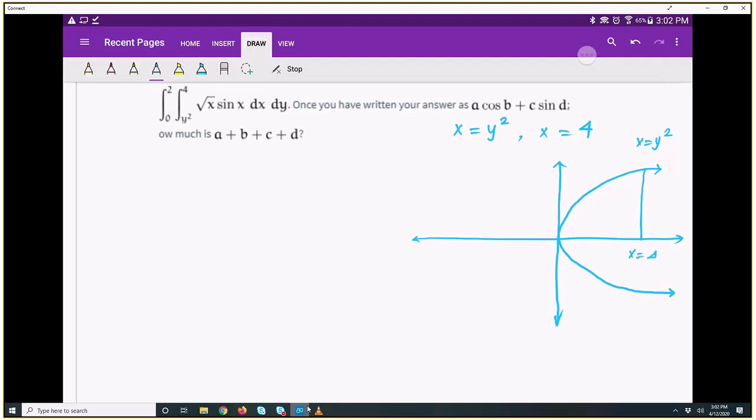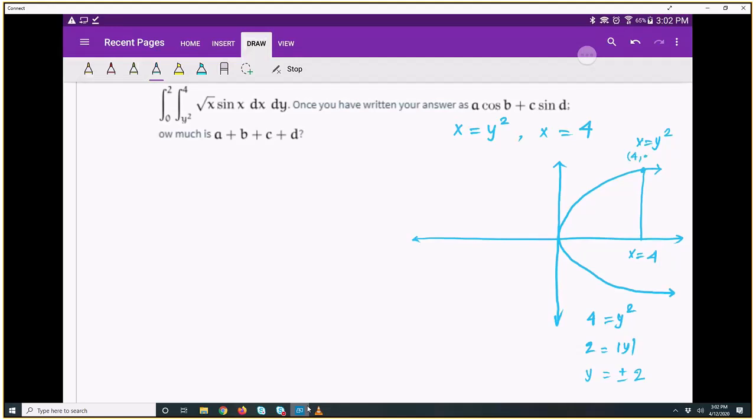Let's find the point of intersection. If x is equal to 4, I can take square roots on both sides and get 2 equal to the absolute value of y, so y is equal to plus or minus 2. Since I'm in the first quadrant, y is positive, so this point is (4, 2).